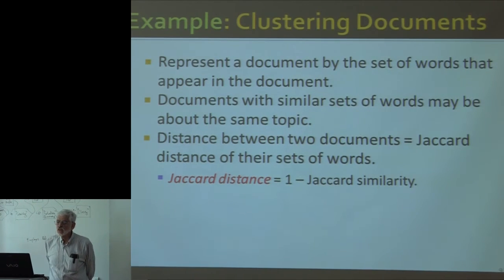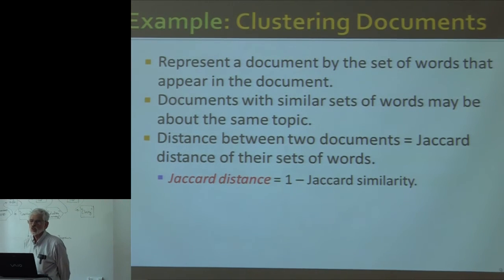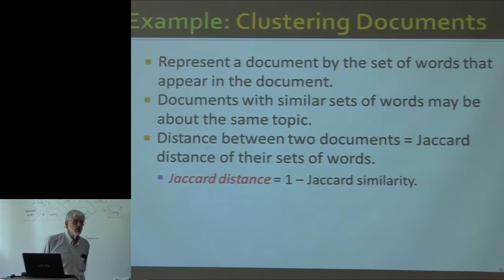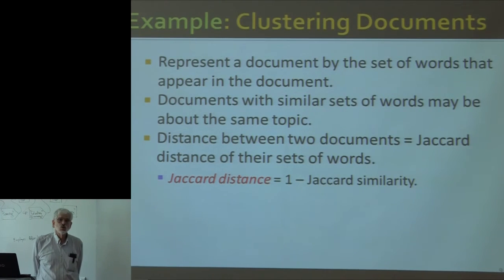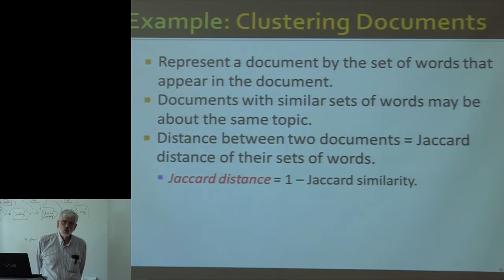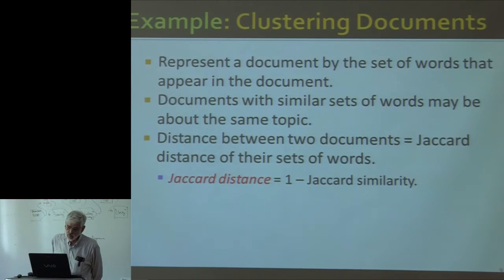This, by the way, is not a really good idea. There's a better distance, which I don't want to talk about, called cosine distance, that is better for measuring distance of documents as sets of words. You probably also want to ignore the stop words because they don't really tell you anything about the topic of the document. But at any rate, the point is, people do want to cluster documents.